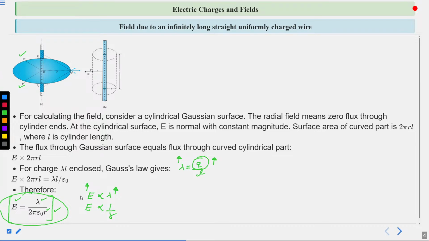So this is our first case. Now in the second case, look here, E is inversely proportional to r. Now if the value of r increases, what will be the change in electric field? The electric field decreases because E is inversely proportional to r.